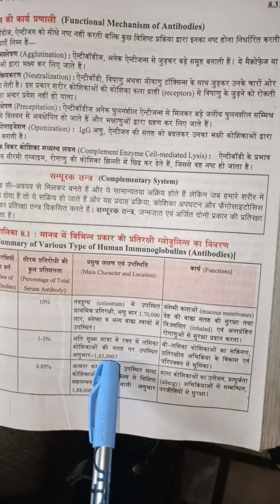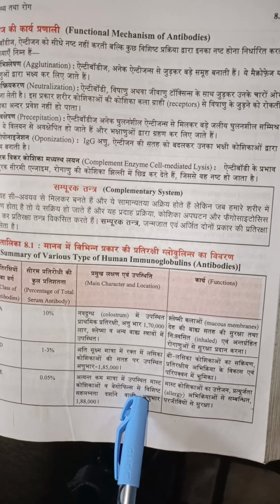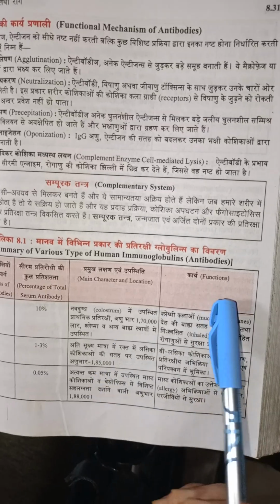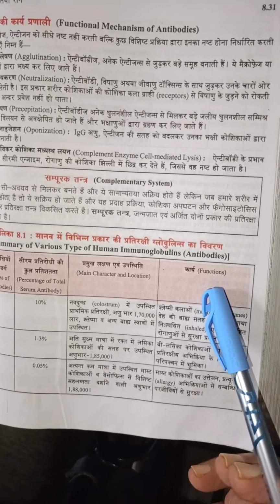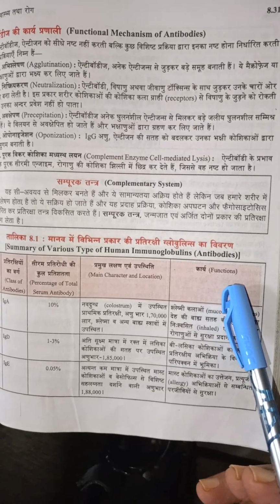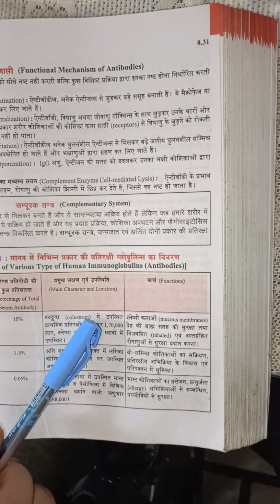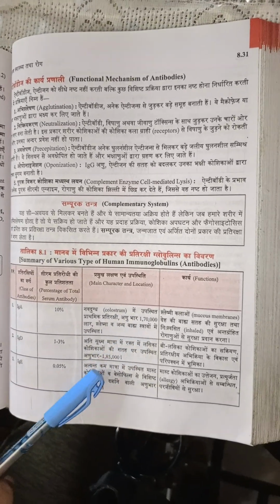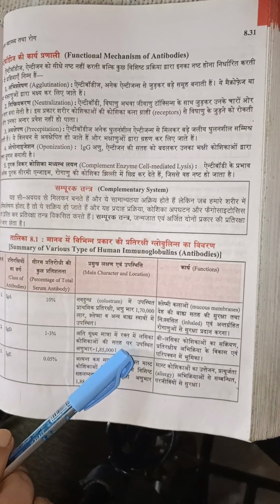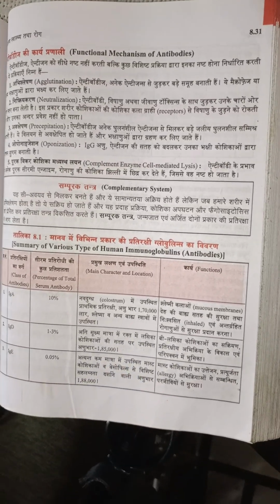Then in small amount it is found in lymph cells. Then it is found even in neutrophils. The mucous membrane contains these cells, and lymph cells are also found in this, and mast cells are also found in this.